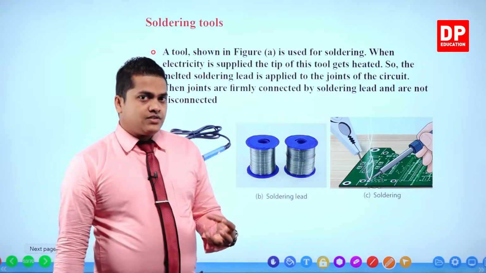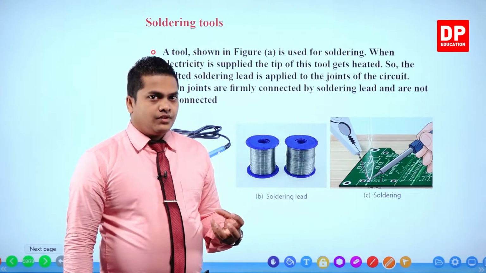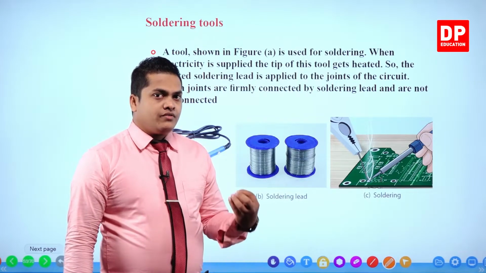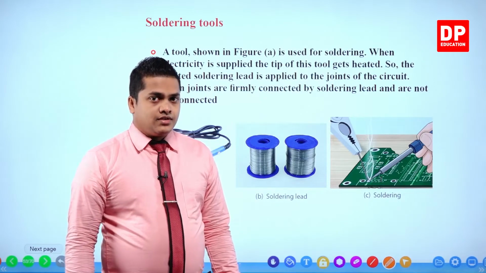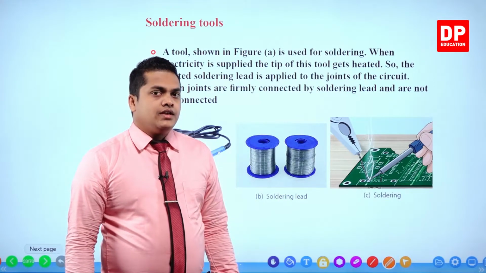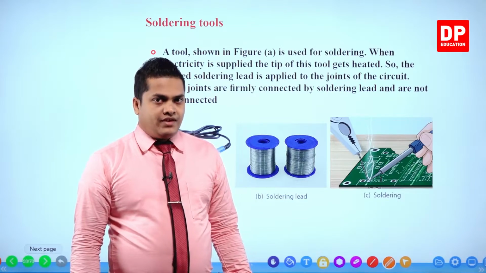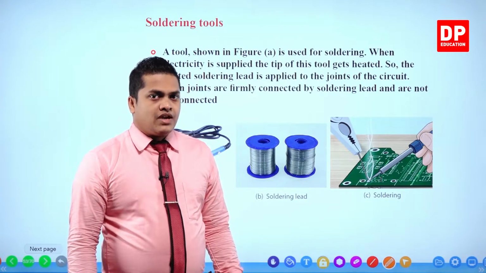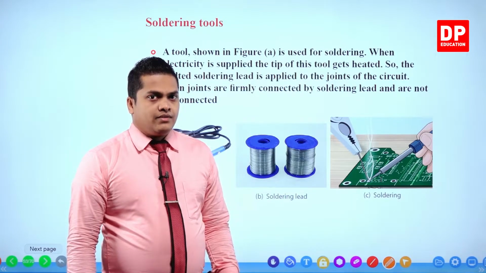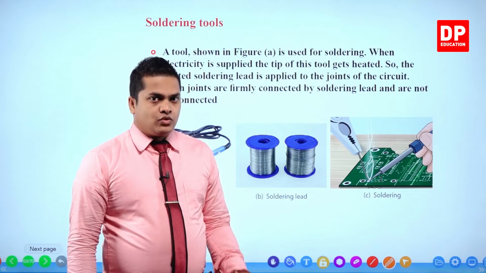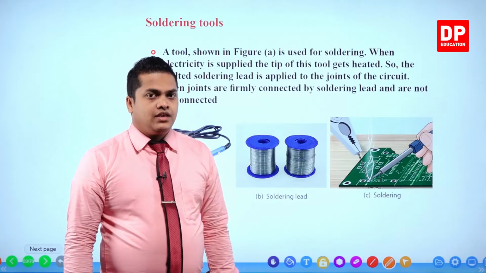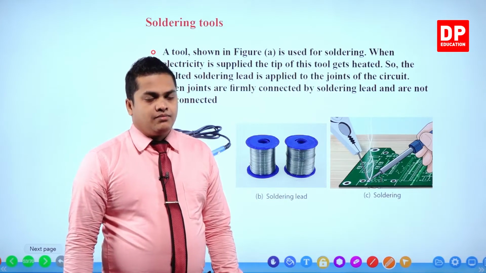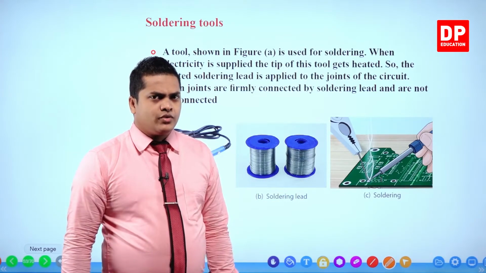So this lead is going to hold the component with the electric circuit board. By melting and allowing it to cool, we are fixing the component to the circuit board. So this is how soldering works.